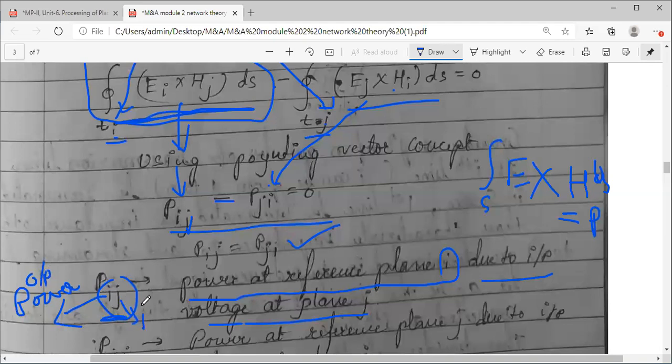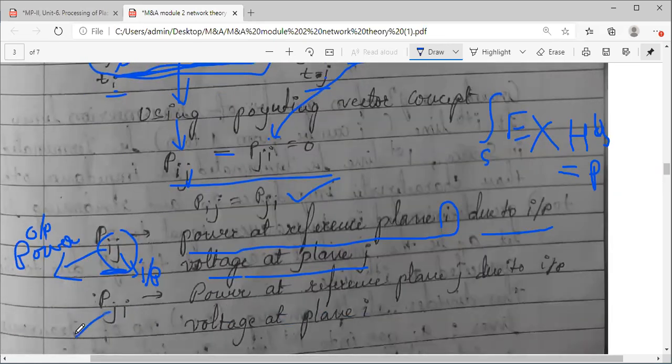And the second subscript indicates where you are applying the input voltage. First subscript, power where you measure, and second subscript indicates where you are applying the input voltage. Here also, see, power measured is at the jth port. Where are you applying the input? The ith port.